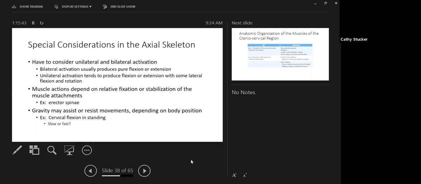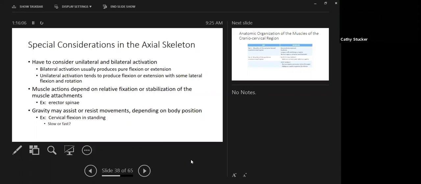The other thing that muscles of the abdomen do is not just perform sit-ups, right? They also stabilize the pelvis to allow movement to occur in other places. So as I'm walking down the hallway here, my legs are tugging and pulling on my pelvis.